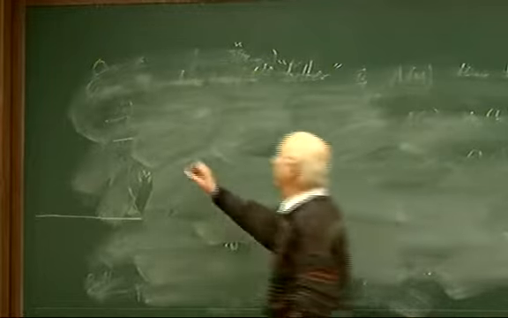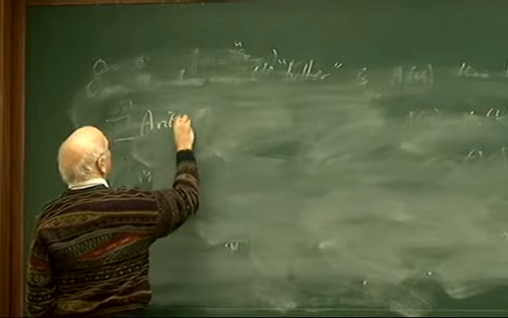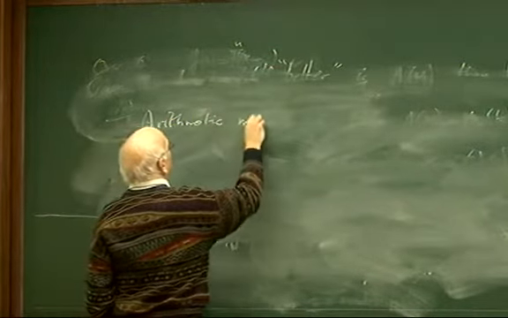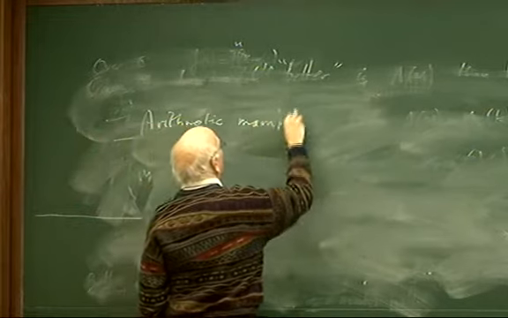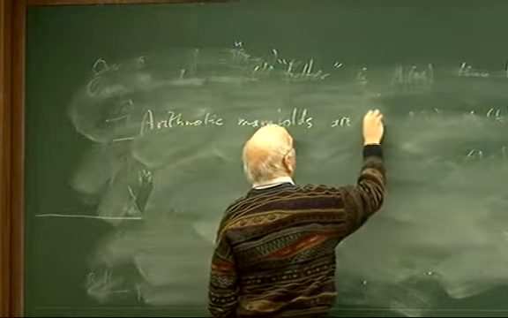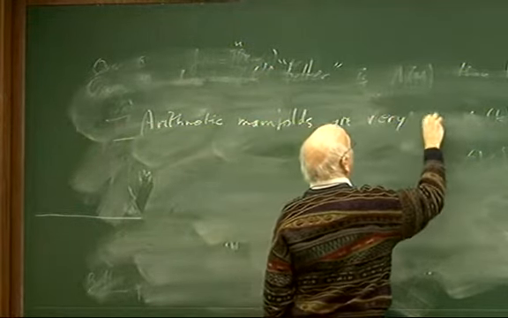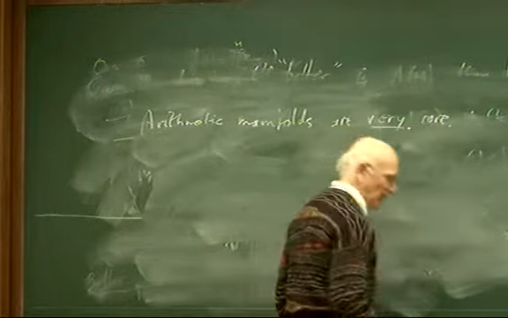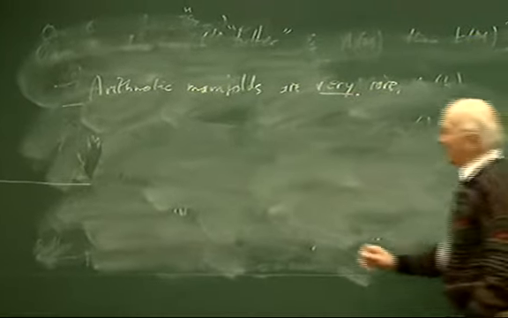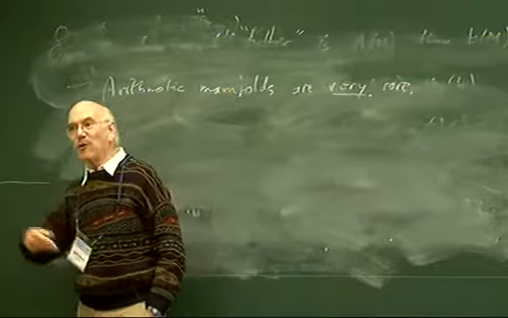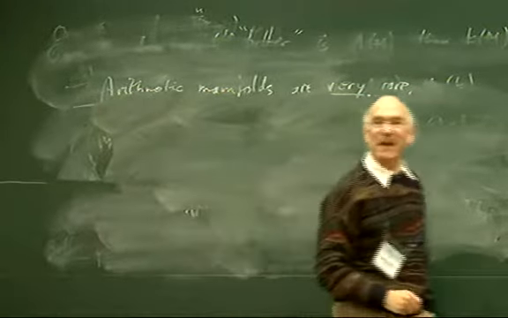And this is pretty miraculous, because arithmetic manifolds are rare. They're very rare. If you look at knot complements, for example, it's a theorem of Alan Reid in the early 90s that there's only one knot complement which is arithmetic.